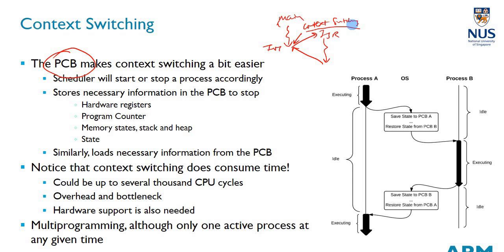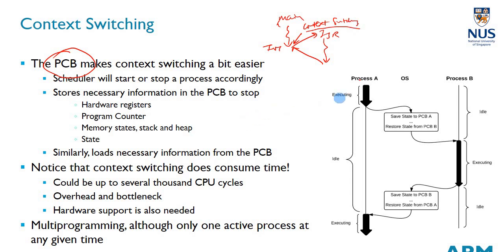So the OS will always have a current process control block that is going to be used for the execution. The process control block that the OS is going to use will have the information of the current task that is executing.